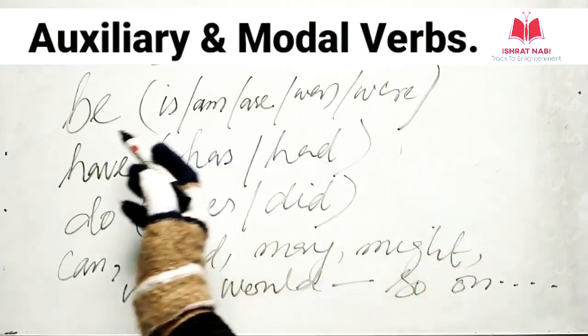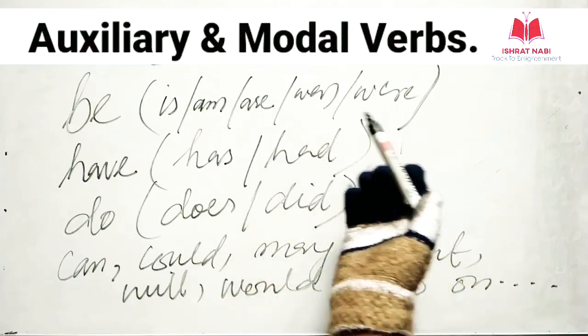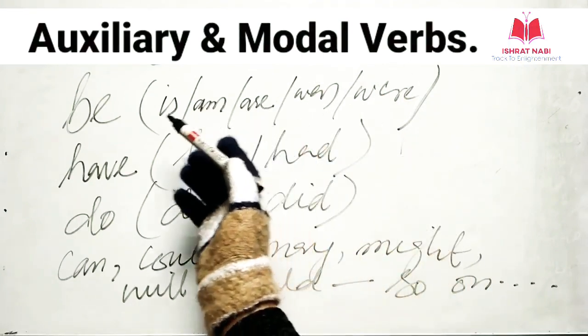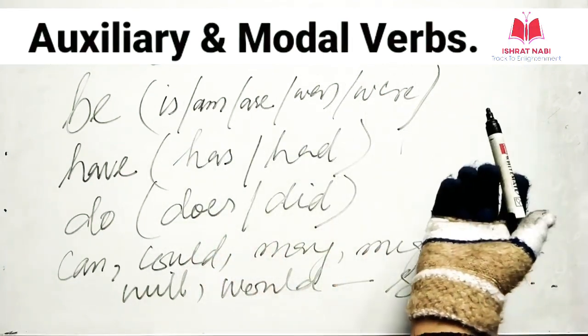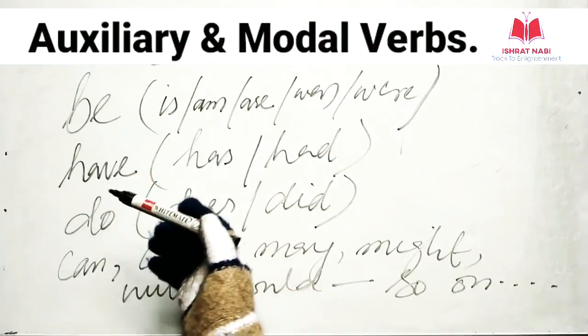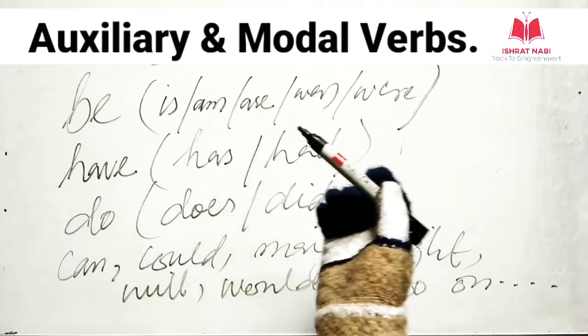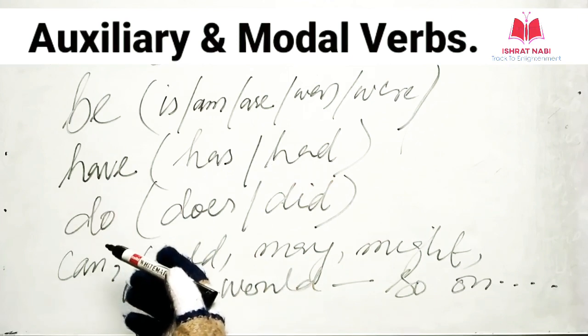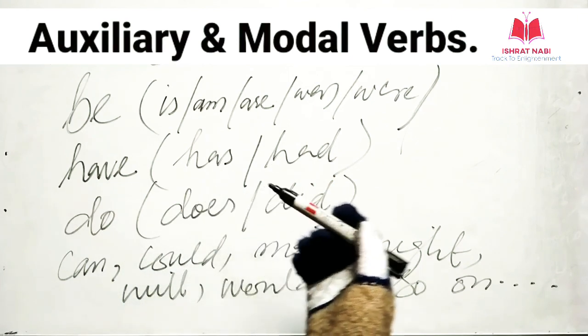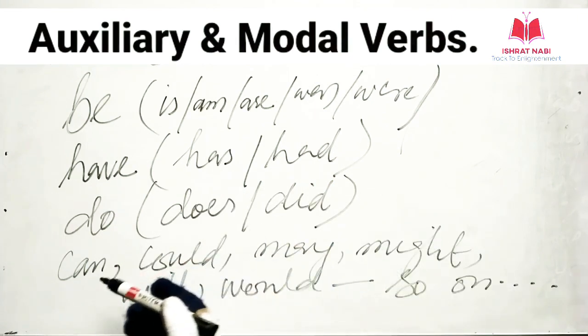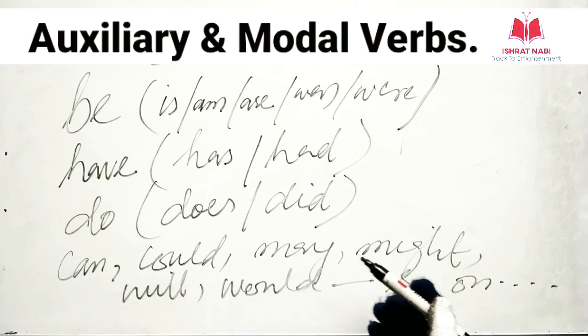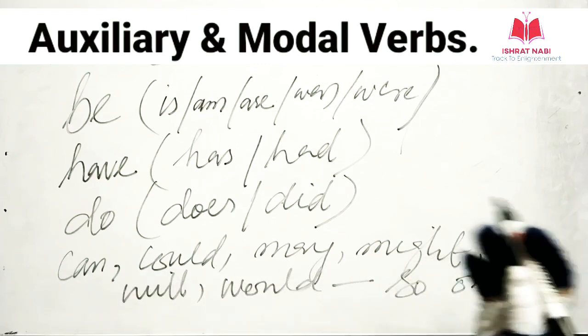So auxiliary verbs have various kinds. The very first kind is be, with its forms is, am, are, was, and were. The next is have, with has and had. The third is do, used as does and did. The rest are can, could, may, might, will, would, and so on.